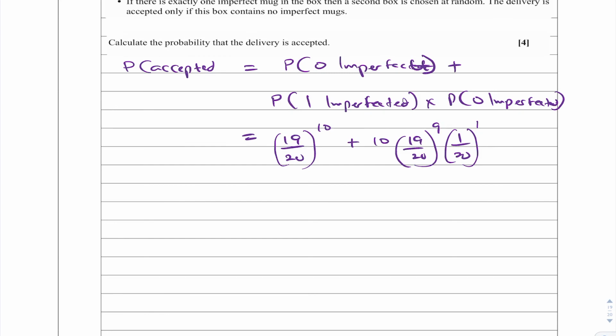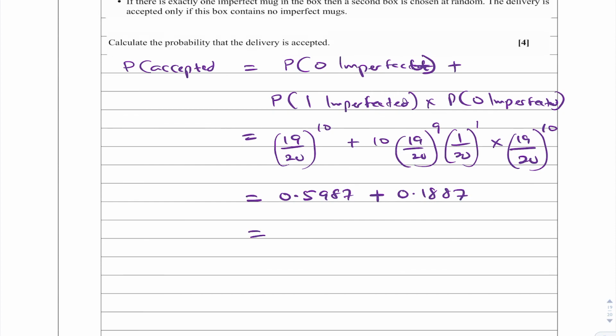That's the 1 imperfect, times 19 over 20 to the power of 10 for 0 imperfect. And when we add all that together and key that into the calculator, we get 0.5987 plus 0.1887.